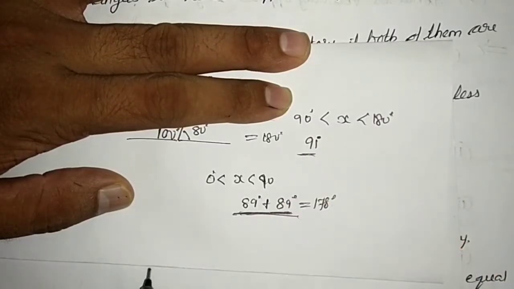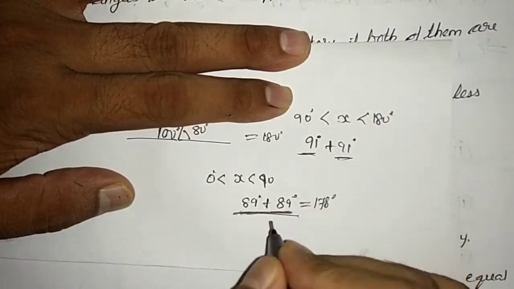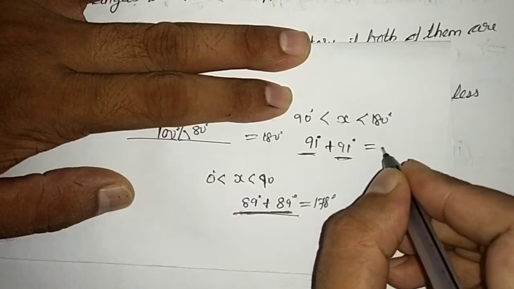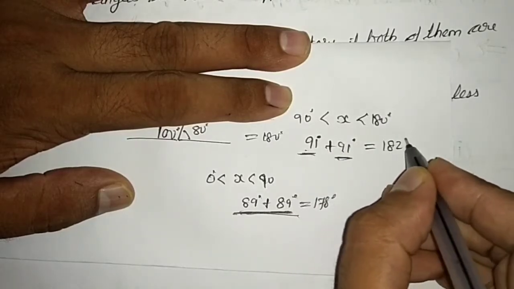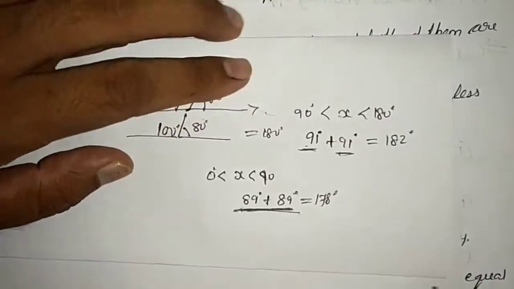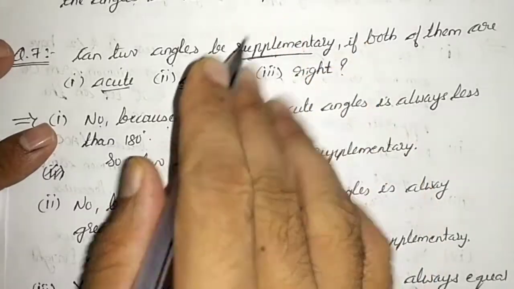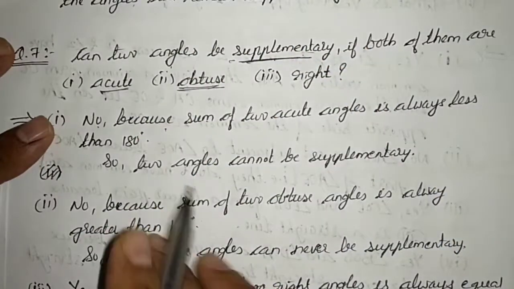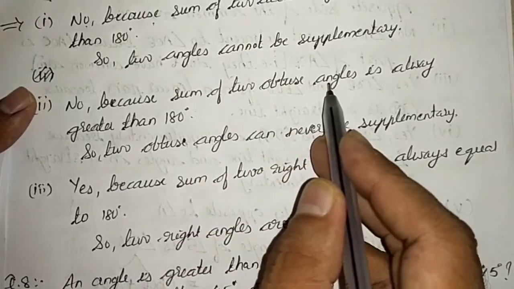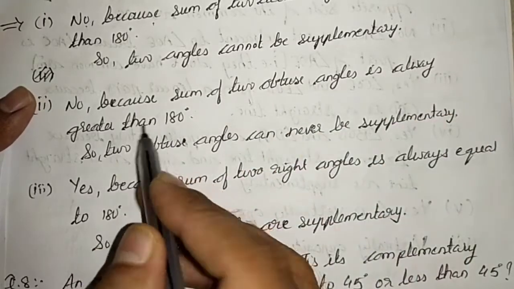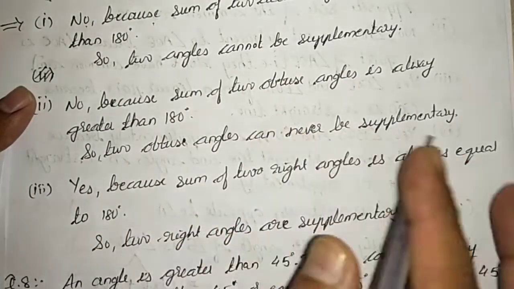Now this is an obtuse angle. Add another 91 degrees. Can it be 180 degrees? 90 plus 90 is 180, plus 2, it is 182. It is more than 180 degrees. So if two angles are obtuse, it can never be supplementary. I have written no, because the sum of two obtuse angles is always greater than 180 and not equal to 180. So two obtuse angles can never be supplementary.